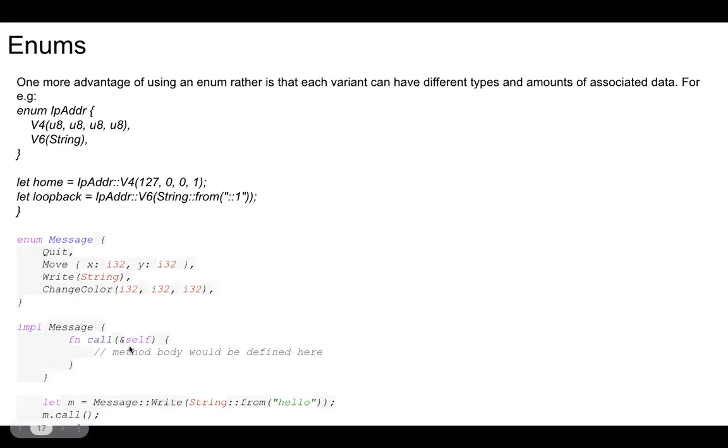This is just similar to how it was in structs, what we have discussed. And it's a method. So first parameter is self. This is how you create an instance, just like the above one. And then you pass it. You call it this way, m.call, or you call m.function name.